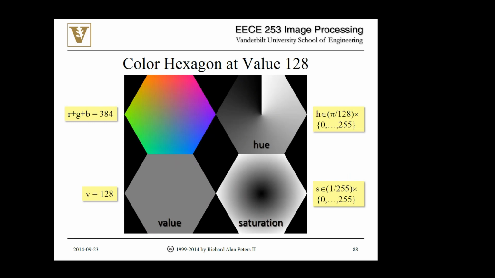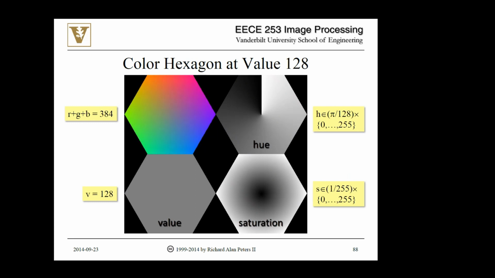So this is one of these planes that is perpendicular to the gray line. And the value is this one divided by 3, so it's 128. So the value is all the time the same for this plane, for these colors.